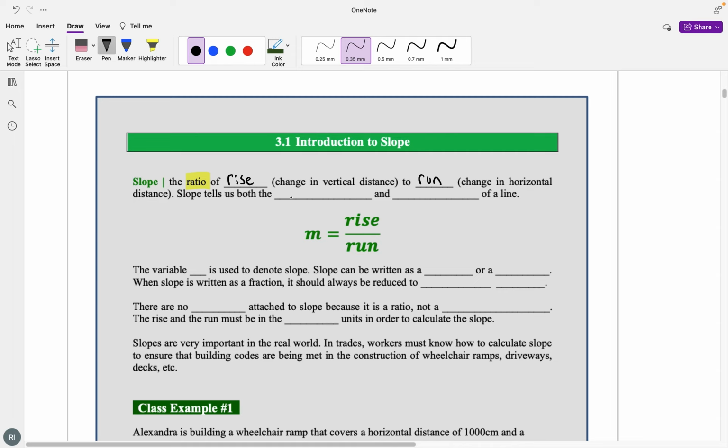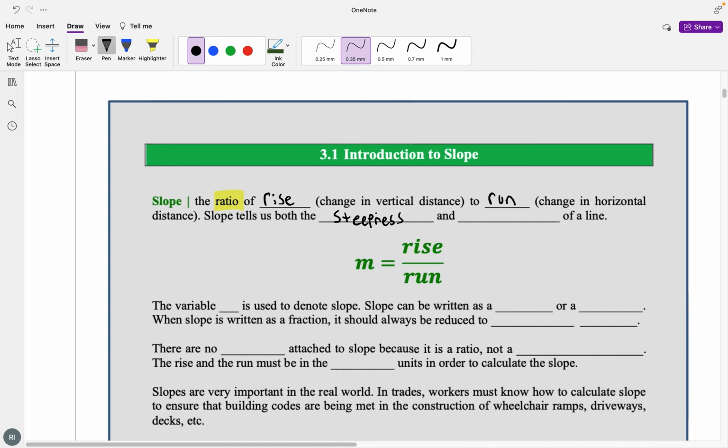Slope tells us both the steepness and the direction of a line. The formula to calculate slope can be seen below, right here.